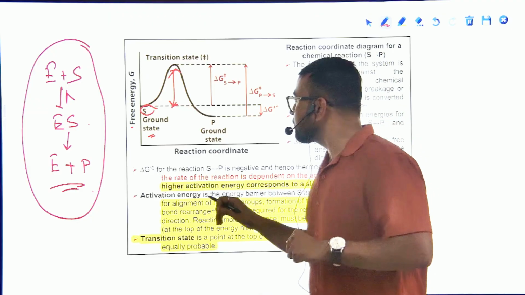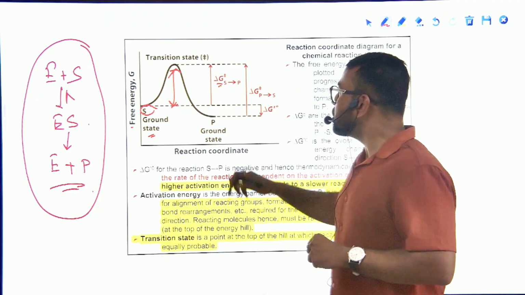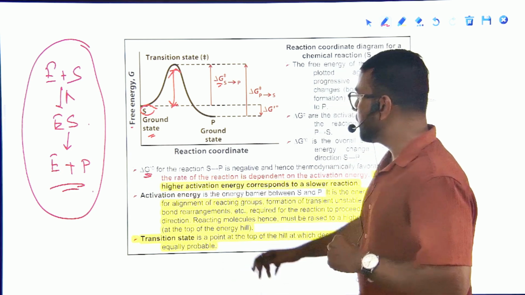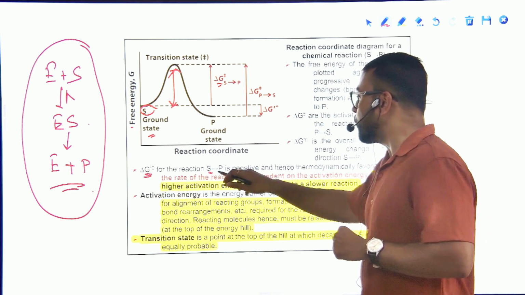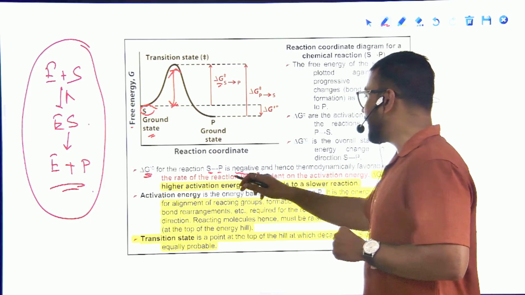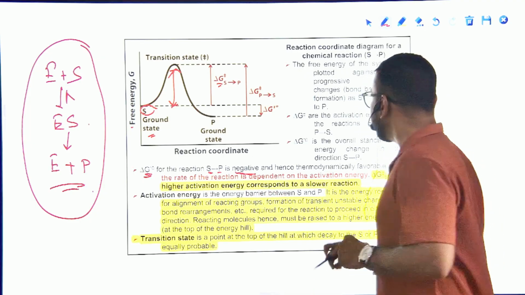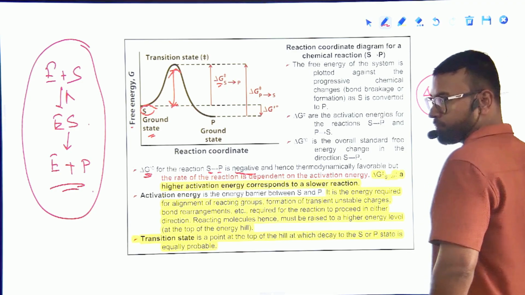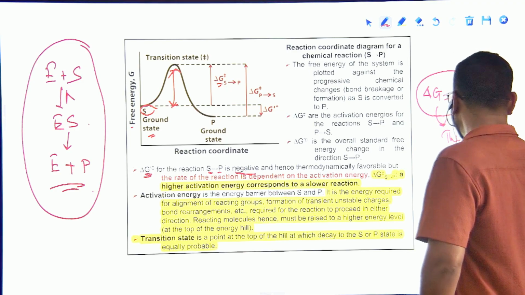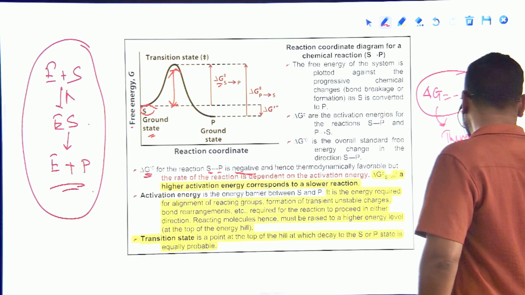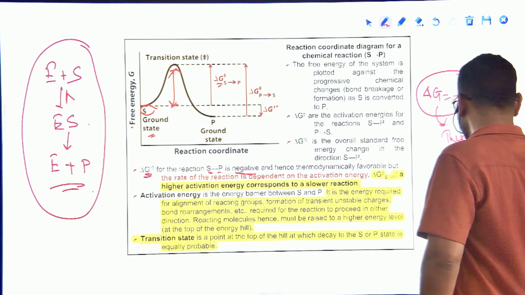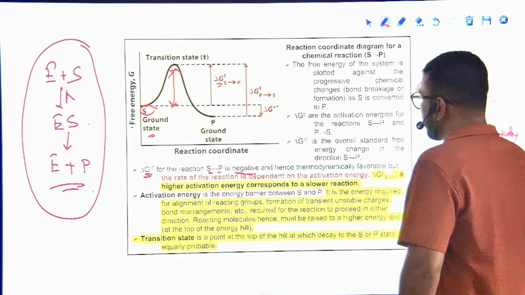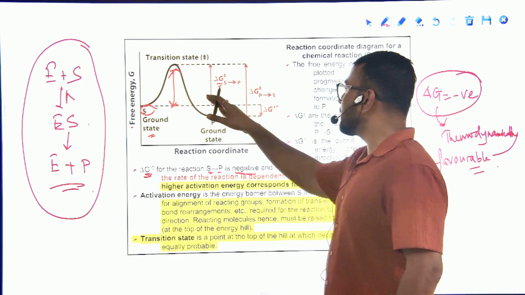Now the fact is, delta G, that means Gibbs free energy, the delta G for the reaction that is helping substrate to convert into product is negative. Negative delta G, we all know, means the reaction is thermodynamically favorable. All of you must be aware of it. Here also delta G from substrate to product.